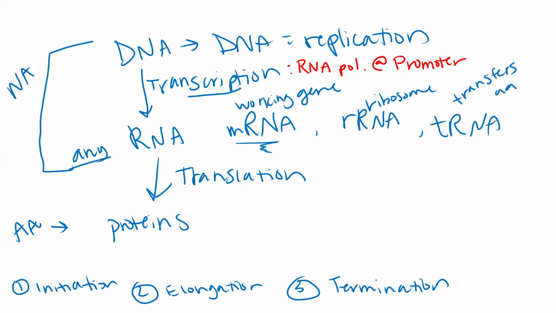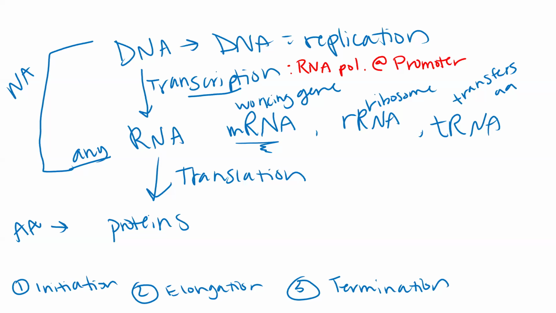Eventually we get to the end of the gene, where the sequence isn't matching up the way it would be expected to. There are other molecules involved in this that you don't have to learn about, but it will terminate. It just gets to the end and it terminates. So that's pretty easy as far as how that's going to work.